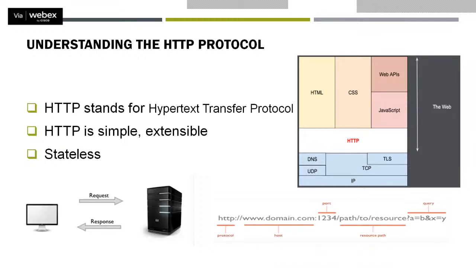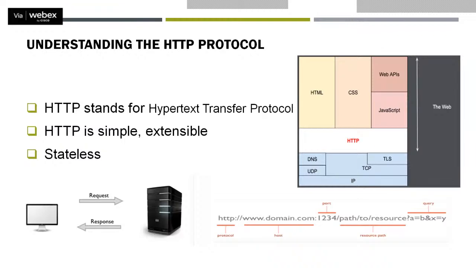Okay, now what exactly the protocol means has been given on the right hand side of this slide. So you can see there are some other technologies which exist on the internet. Here you can see HTML, CSS, web APIs, JavaScript. All these are the technologies used for creating web pages.